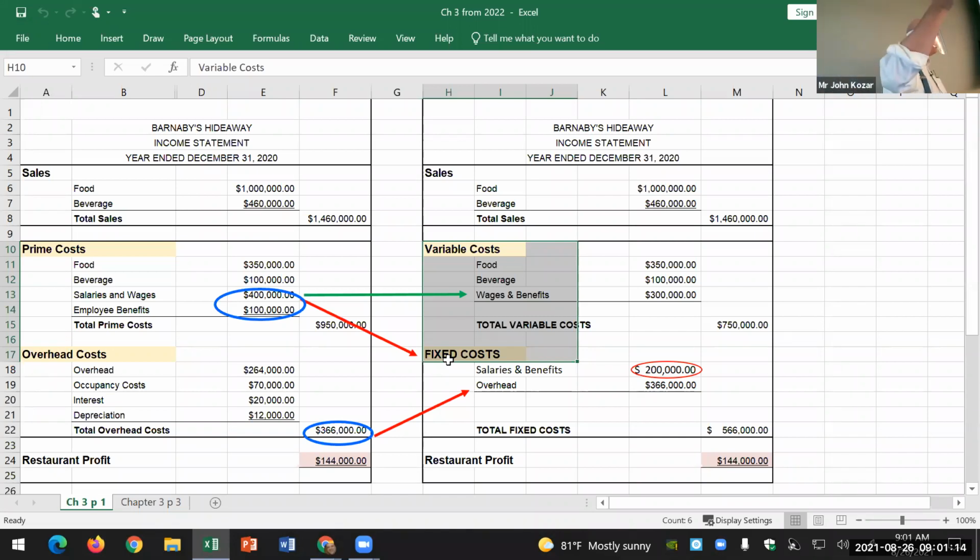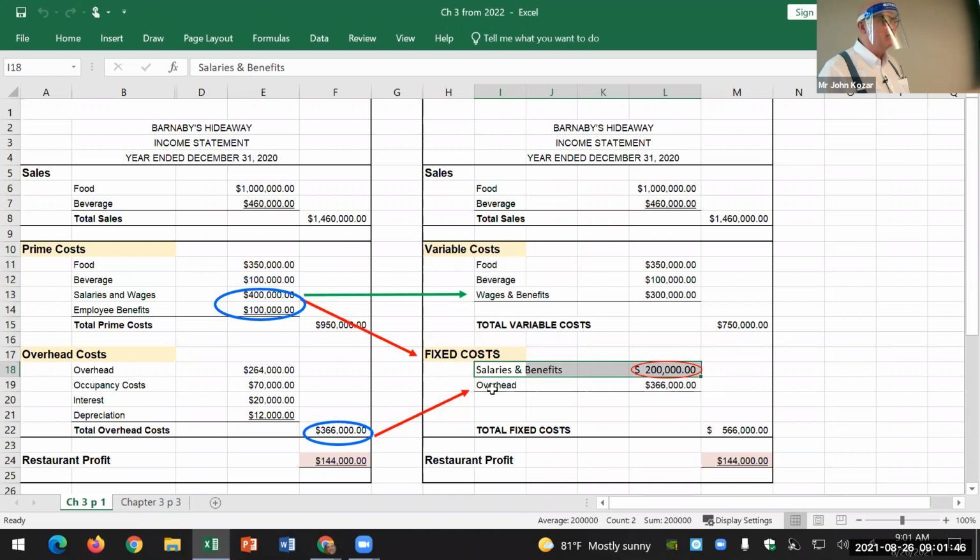So the food and the beverage costs are always variable costs. We separated out the labor costs into the two categories. The wages and benefits, which is the hourly folks that you have working in the restaurant, those are going to be variable costs. And then the rest, which is just salary and benefits, comes down here.